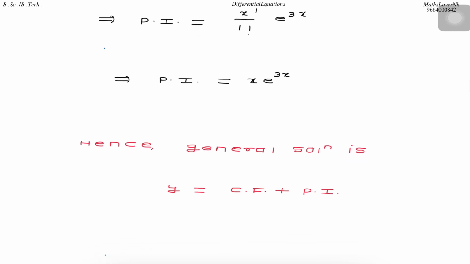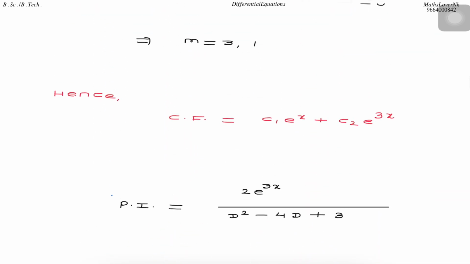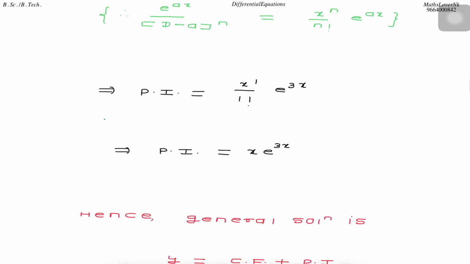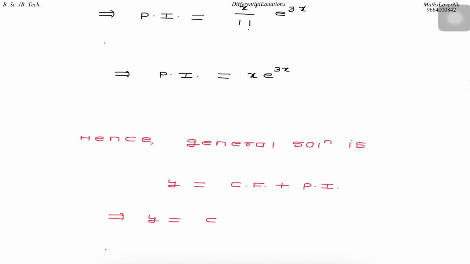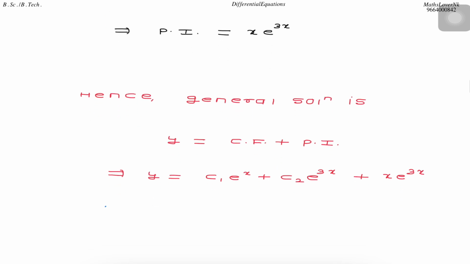CF stands for complementary function and PI stands for particular integral. So y is equal to c1 e to the power x plus c2 e to the power 3x plus x e to the power 3x. That is our solution. Now our lecture is finished.